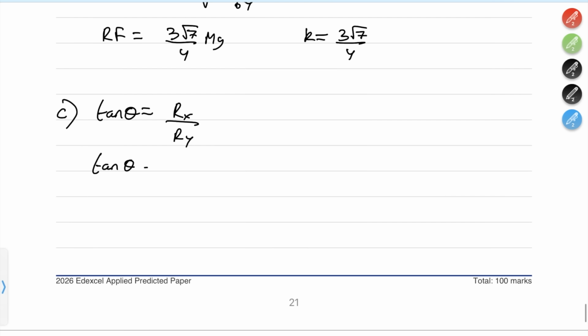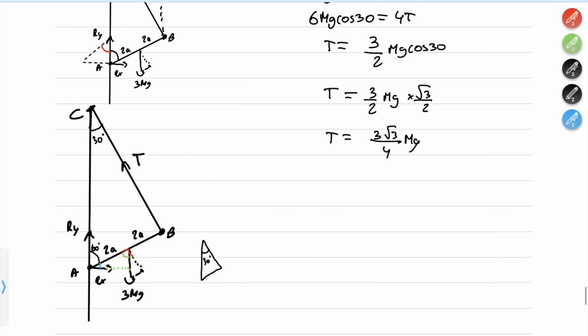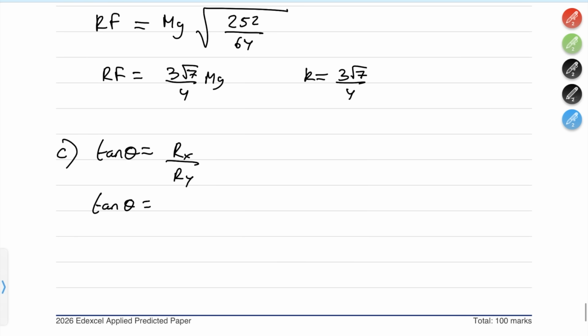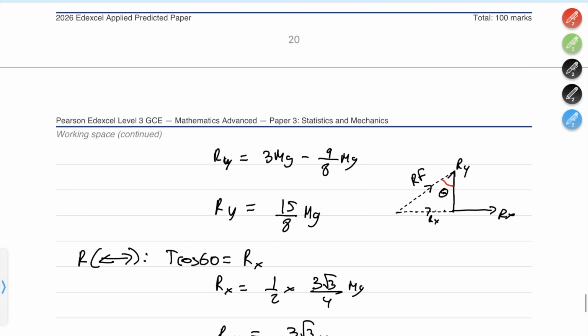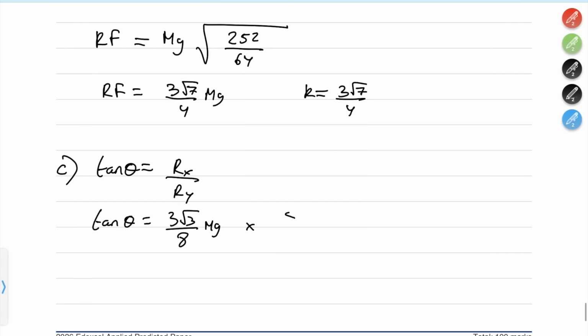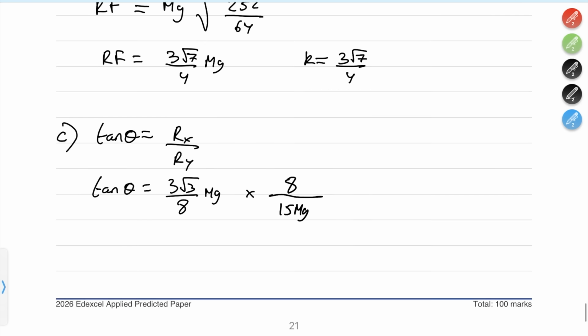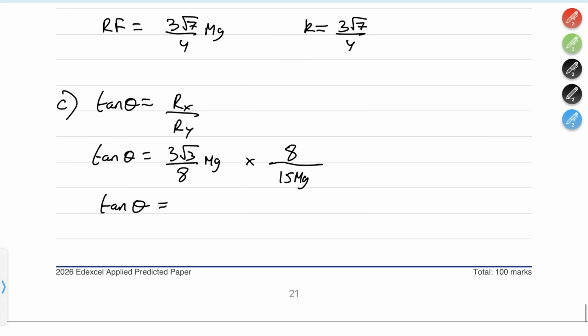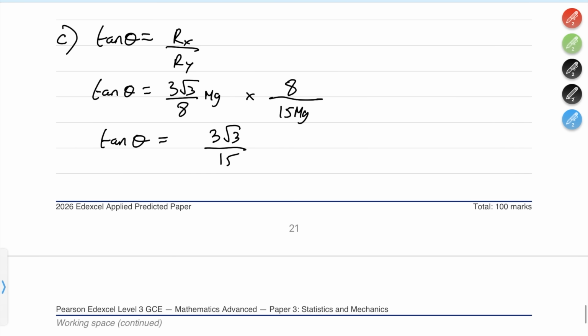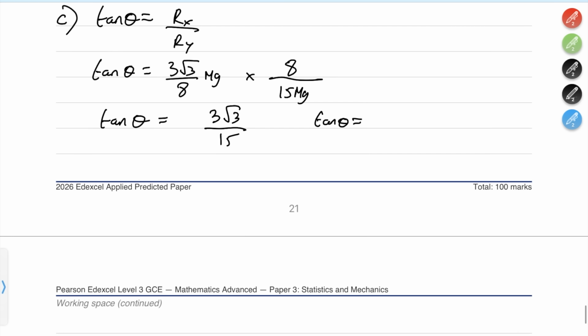So Rx we calculated was 3 root 3 over 8 mg, but then we're going to divide it, so times it by 1 over Ry, so times it by 8 over 15 mg. So we can now simplify this to 3 root 3 over 15. So tan theta equals root 3 over 5. So theta is equal to the arctan of root 3 over 5 degrees.